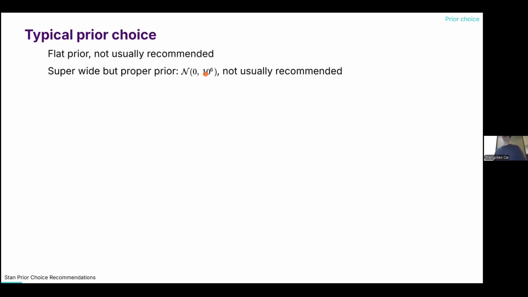If you say, I know nothing, it's barely true, because you always know a little bit something, right? And from another perspective, the wider the prior, the higher the uncertainty, and the uncertainty is a way to quantify how difficult your problem is. So if you say it's extremely wide, it means it's extremely difficult to study, right?